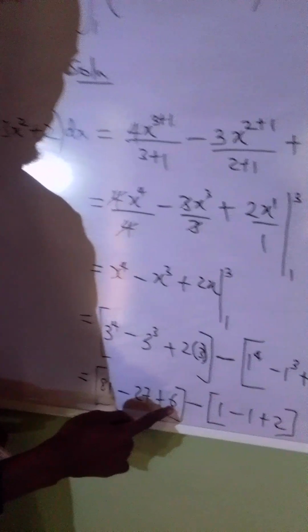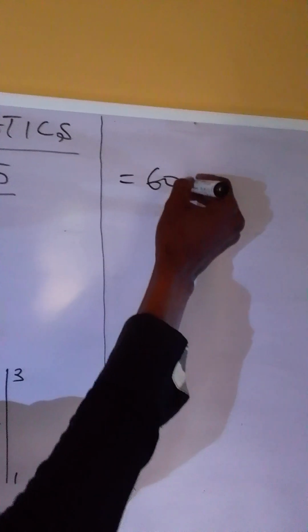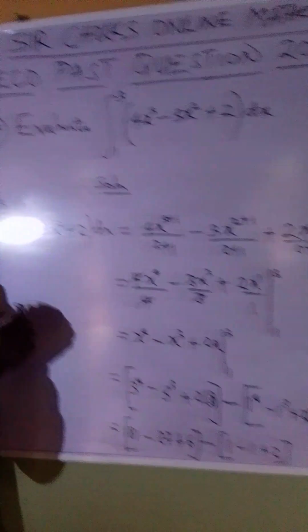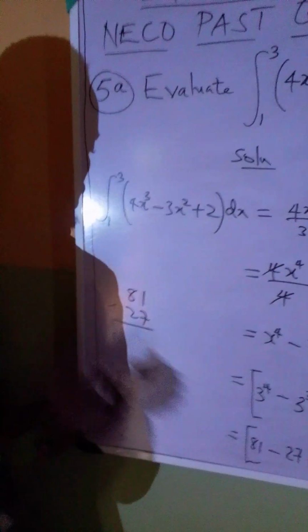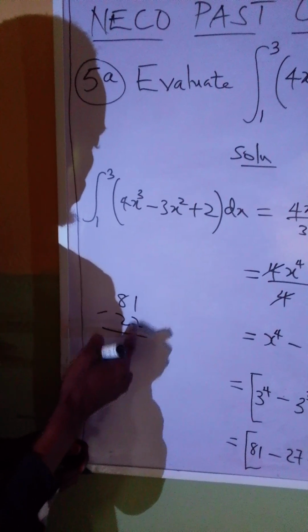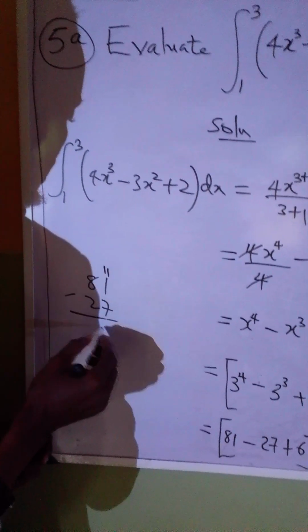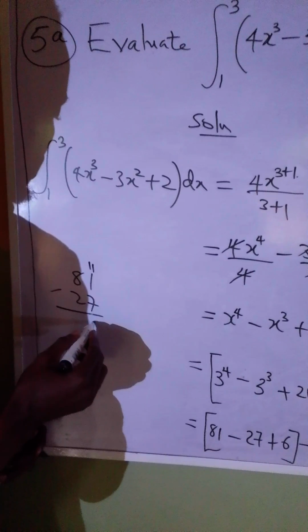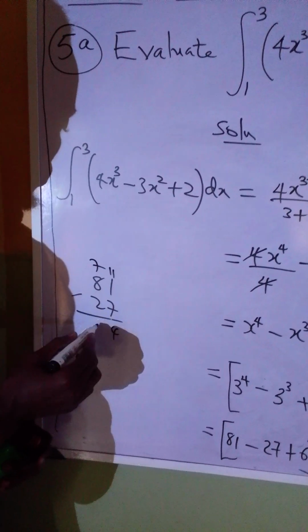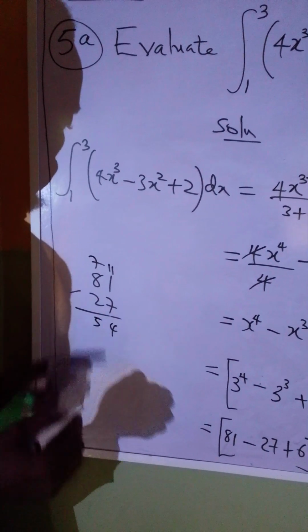Okay, before then, 81 minus 27 plus 6 will give us what? 81 minus 27: 1 minus 7 cannot, borrow 1 from 8, here is 11, 11 minus 7 is 4, here remains 7, 7 minus 2 is 5, so 54 plus 6 will give us 60.